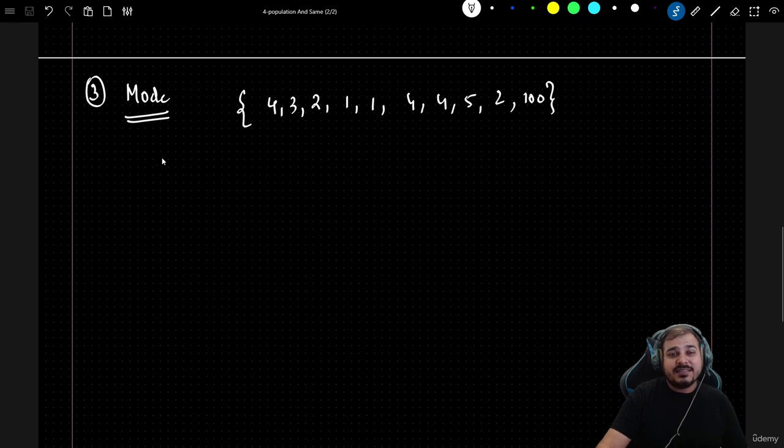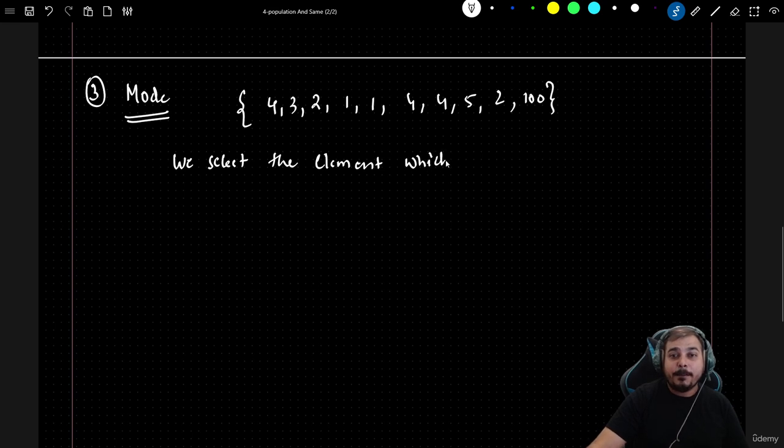So in the mode case, the process is that we select the element which has the maximum frequency. If I want to find the measure of central tendency using the mode, my output will be the most frequent element.